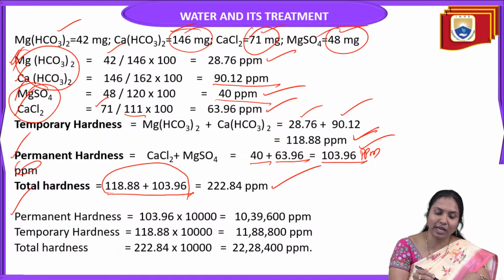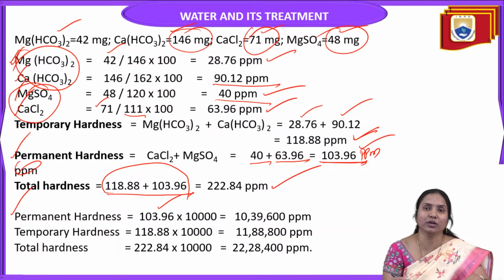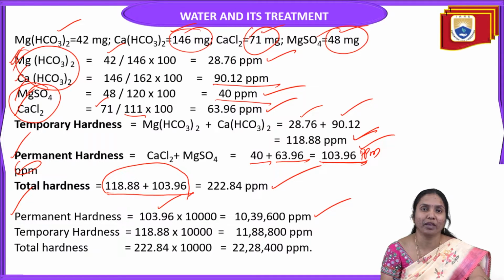Permanent hardness is 103.96 ppm, so 103.96 into 10,000 equals 10,39,600 ppm.